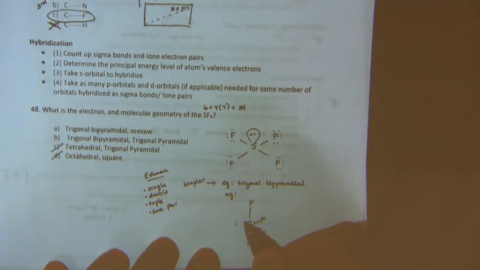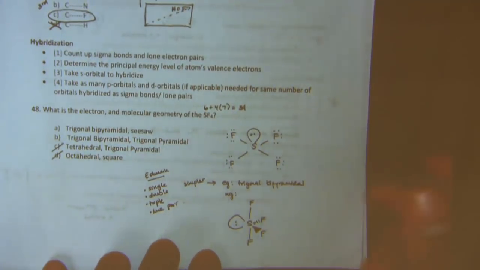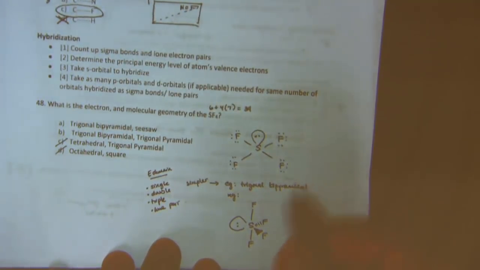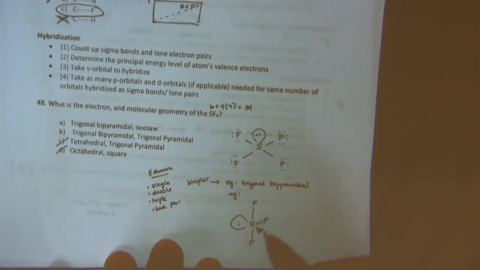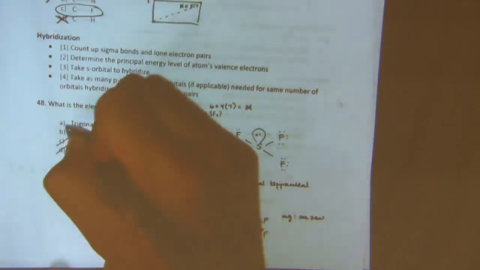Then we would have the lone pair on its own on this side. If we look at the chart that's also in this packet, we would see that with one single lone pair and 4 bonding electron groups, the molecular geometry would be seesaw. So the answer should be A.